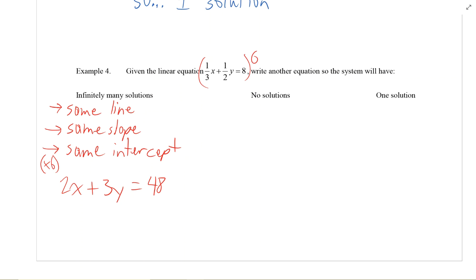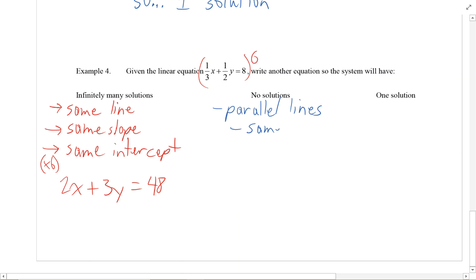What about no solutions? What situation gives you no solutions? Yeah, you'd have parallel lines, so you'd have the same slope but a different intercept. So the only way to keep the slope the same is to have this, 1/3 x plus 1/2 y.